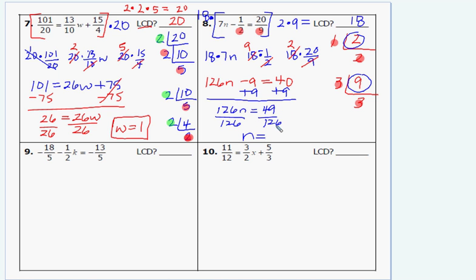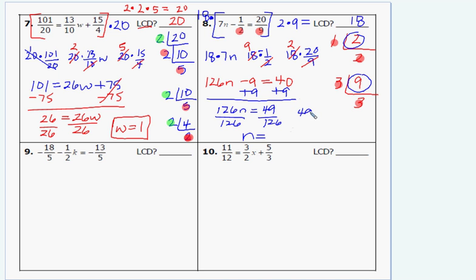Notice, 49 is much smaller than 126. So when I divide, I end up with a fraction, or with a decimal here. You can convert that decimal back and it'll give you a fraction. Or if you already know that it's not going to work, or you test it and it doesn't work, you can just enter the number that you see here as a fraction, and hopefully it reduces it the way that you want it to.